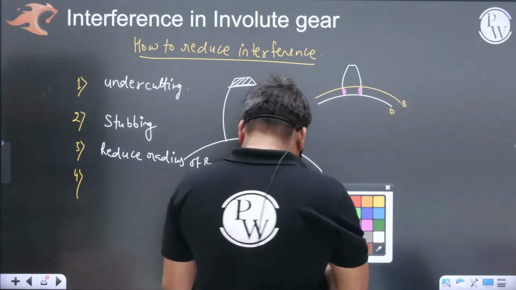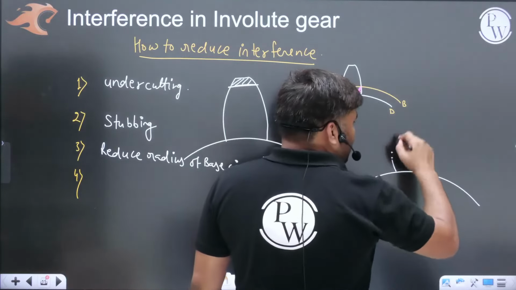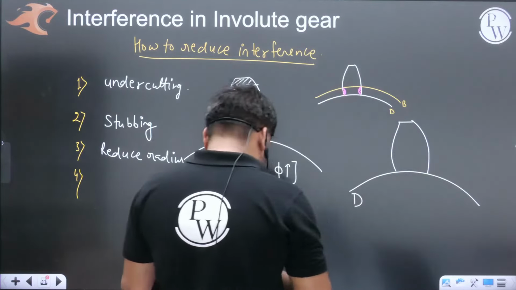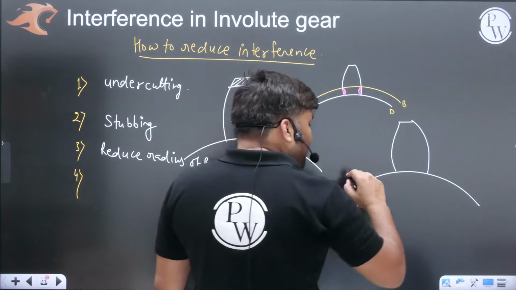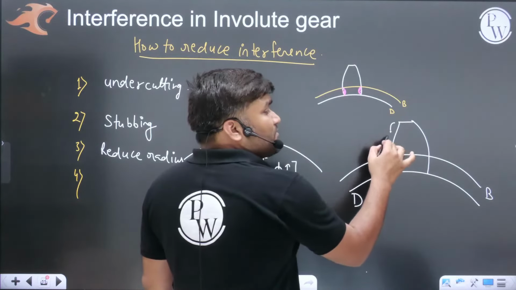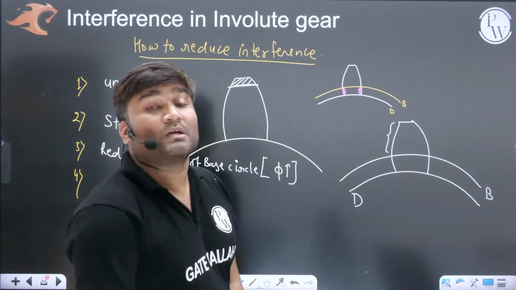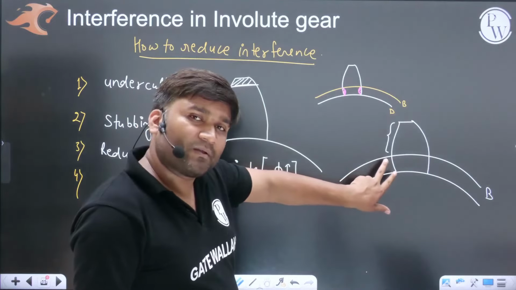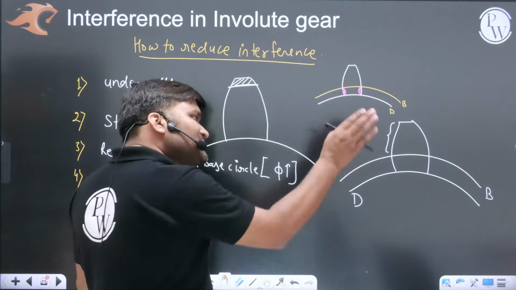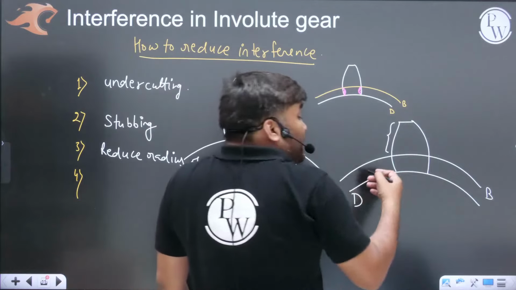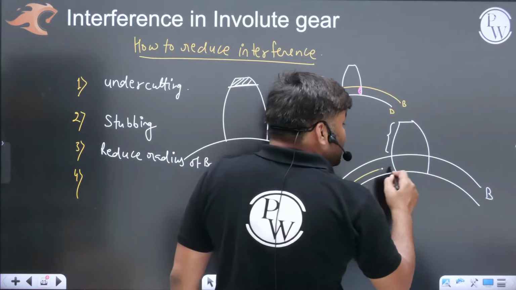What I want to say here: suppose this is a random circle, and earlier you had made a base circle somewhere here. This is the base circle. So the portion which is above the base circle is your involute. The non-involute portion is this. Somebody is going to touch here, interference will happen. The student suggested, sir, for the same gear, for the same teeth, what if you select your base circle somewhere here?